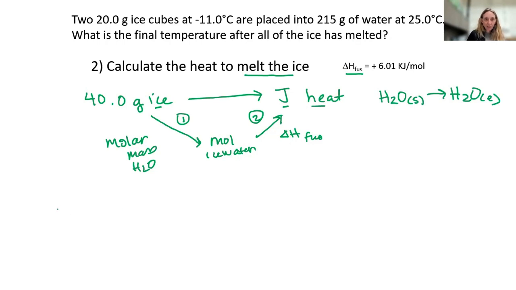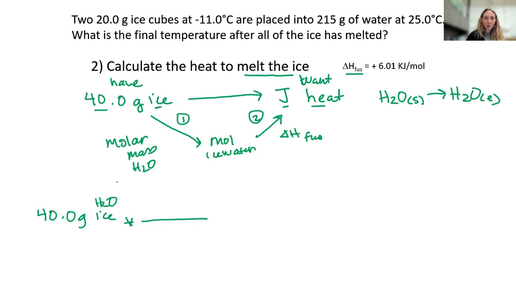When I'm setting up my stoichiometry, every time I have an arrow in my plan, I'm going to have a dimension. I'm going to start with what I have to calculate what I want. So I'm going to put 40.0 grams of ice. That's H2O.